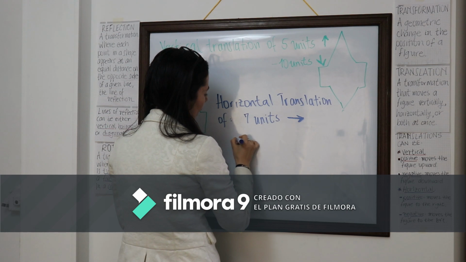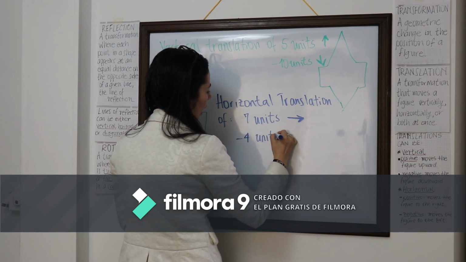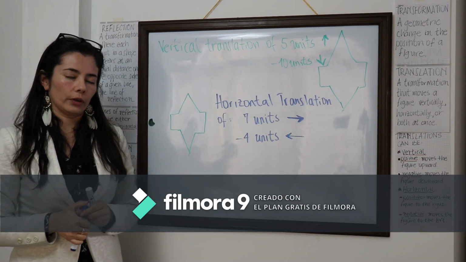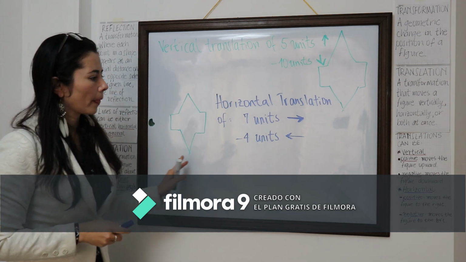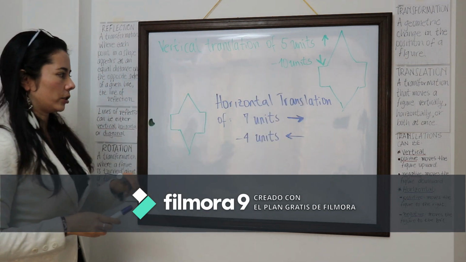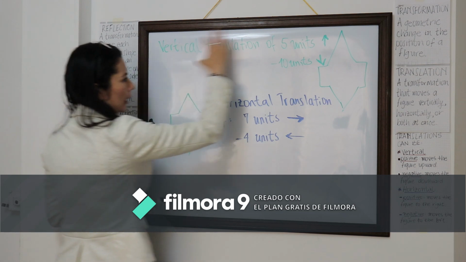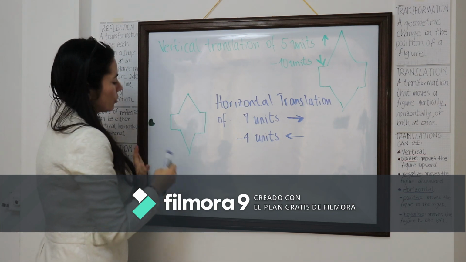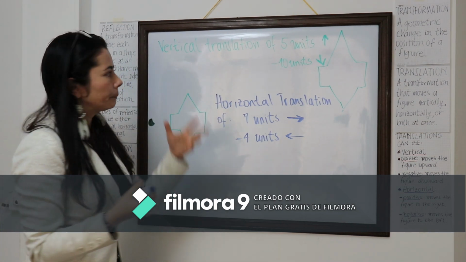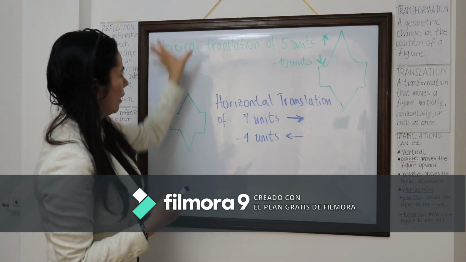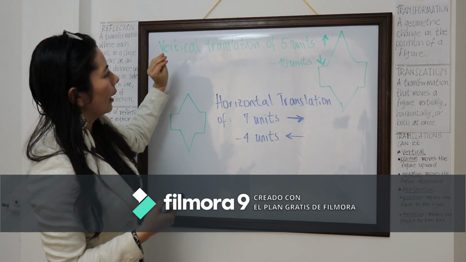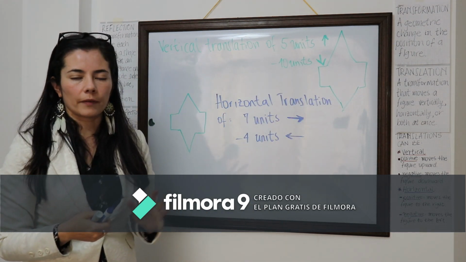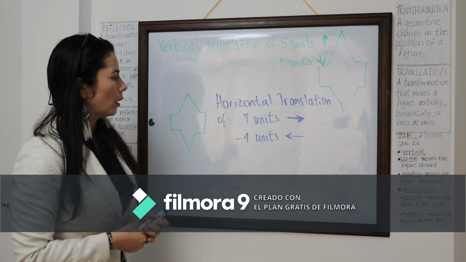And if I'm saying negative 4 units, I need to move the figure to the left, those 4 units, okay, from its initial position. Now, this is for the transformation. So when I see this figure over here and then at the end over here, that pretty much means that the instructions should have said something like a vertical translation of probably 2 units, and then a horizontal translation of probably 6 units or 7 units, okay? That's pretty much what we should keep in mind.